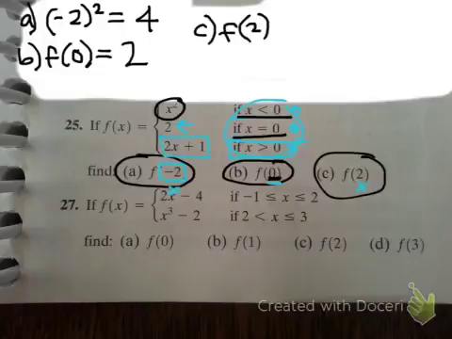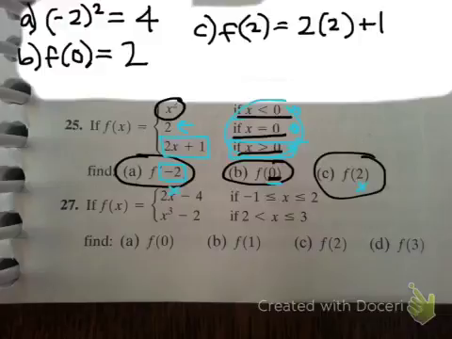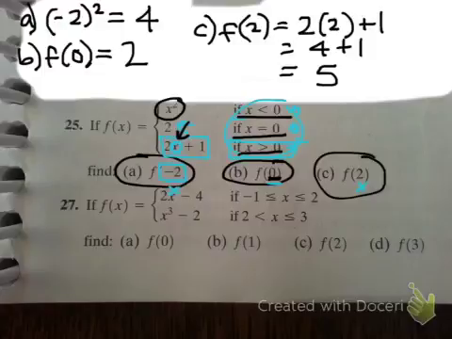So f of 2 means 2 times 2, because we're putting the 2 in for this x right here. So 2 times 2 plus 1. 2 times 2 is 4, plus 1 is 5. So there's the solution to that one.